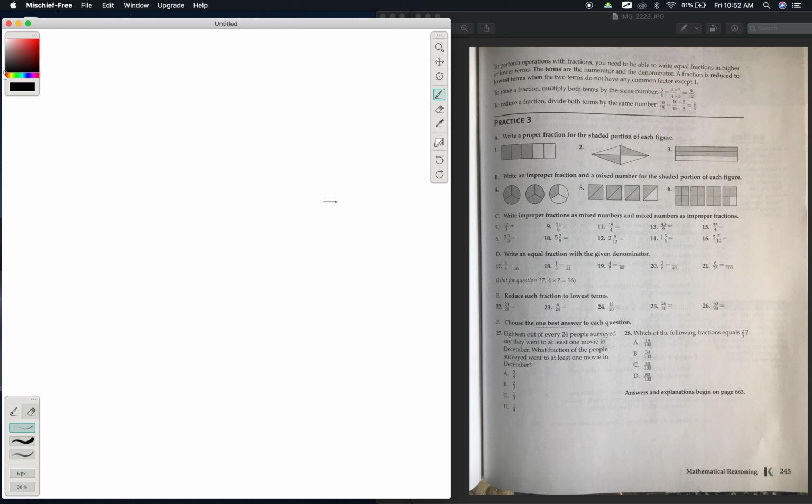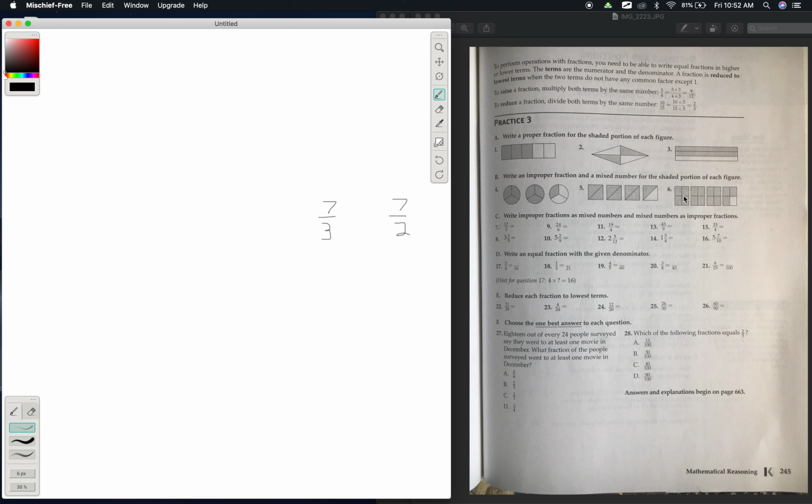So you would put 7 over 3. This one here, you need only 2 pieces to make a whole, and we have, again, 7. So 7 over 2.